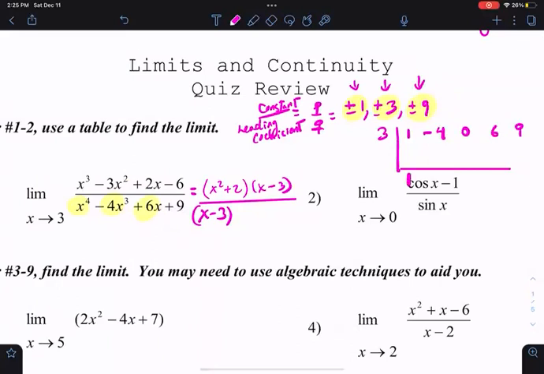You drop the 1, then 3, -1, -3, -3, -9, and you get 0. This is your polynomial: x cubed minus x squared minus 3x minus 3.